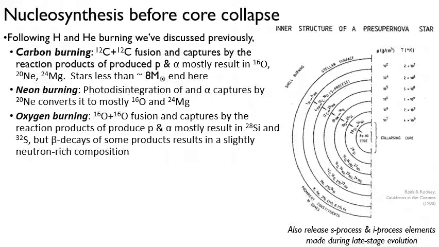You can undergo oxygen burning, so this really is oxygen-oxygen fusion, and you produce a lot of silicon and some sulfur. But there are beta decays, and so it's not just these isotopes. You also can still have some helium burning and some proton burning because these are produced, and so you get a group of stuff around silicon-28.